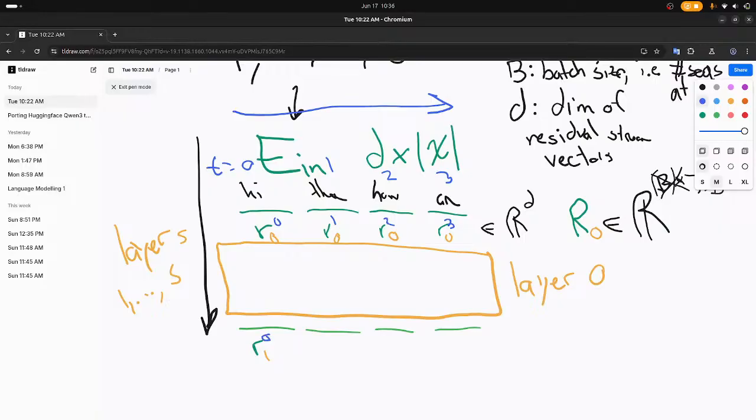So the layer is now 1. The depth is now 1. I will call this depth, and this I will call time.